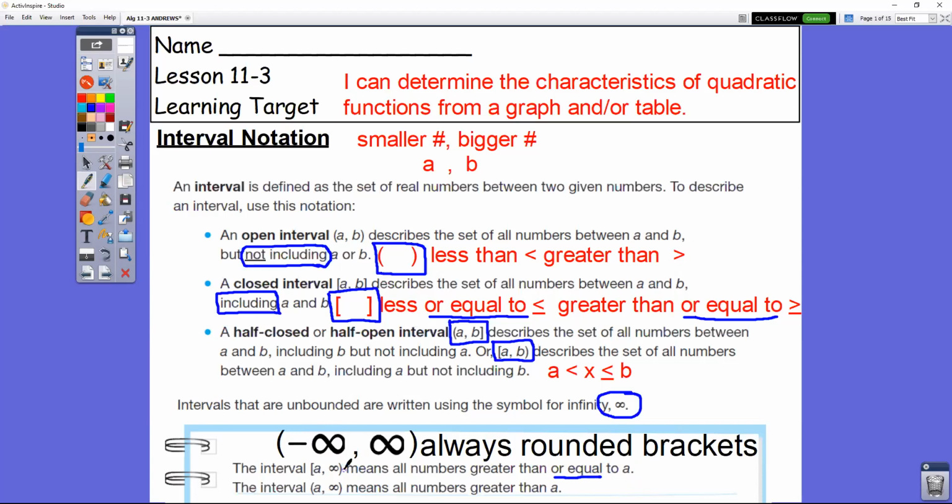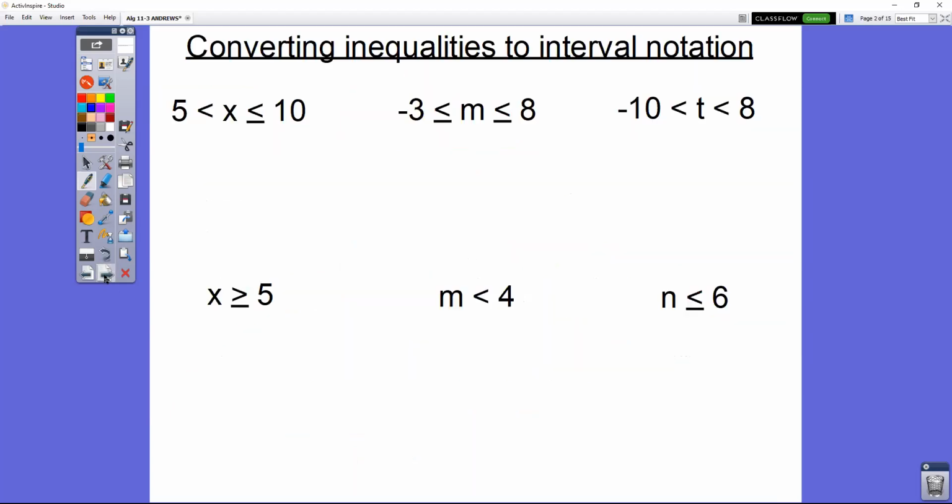When you take a look at interval notation, we're really looking at what's in between those two things. So what's in between A and infinity, right? It's all those numbers. But if we were just looking at all the numbers that are greater than A, that's when you would use the roundy parentheses. So that wouldn't include A, all right? We're going to do more examples of those in a second.